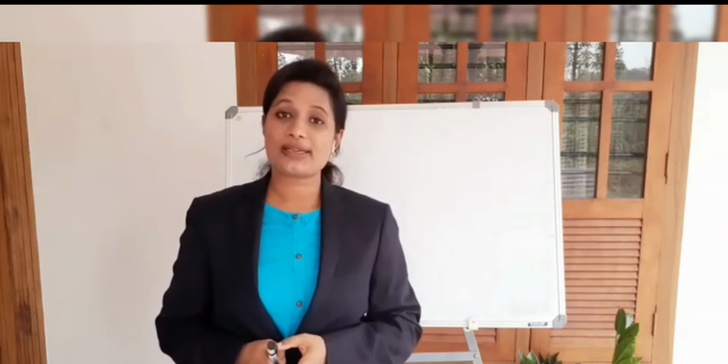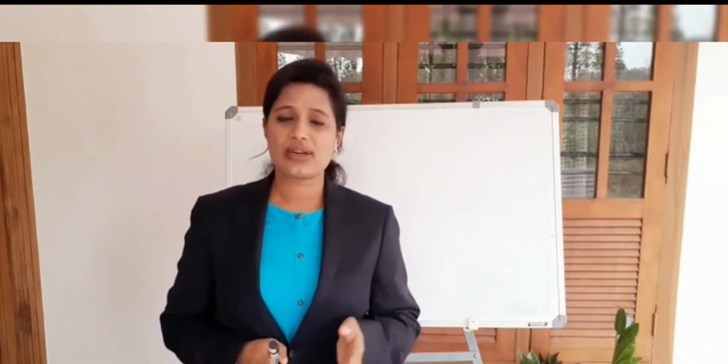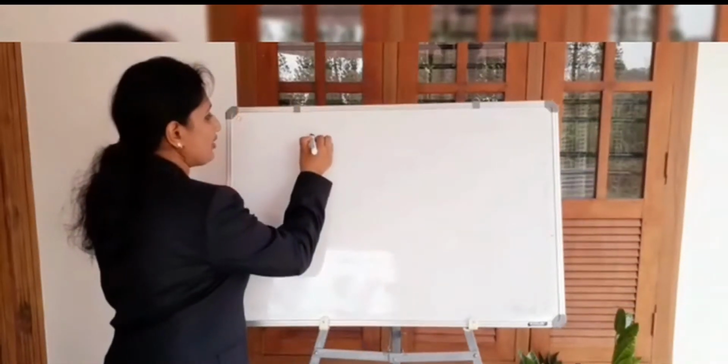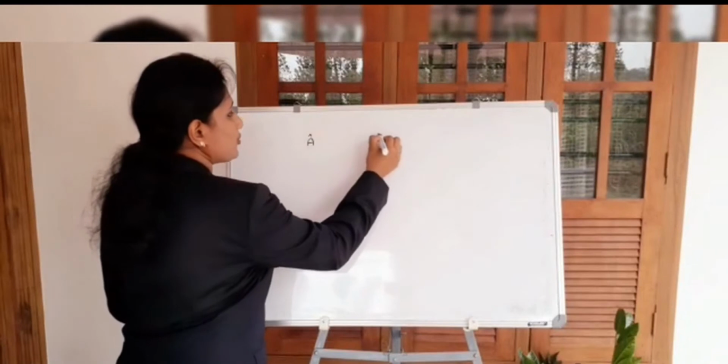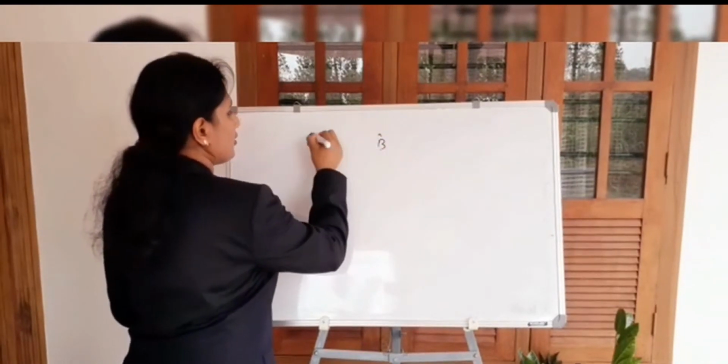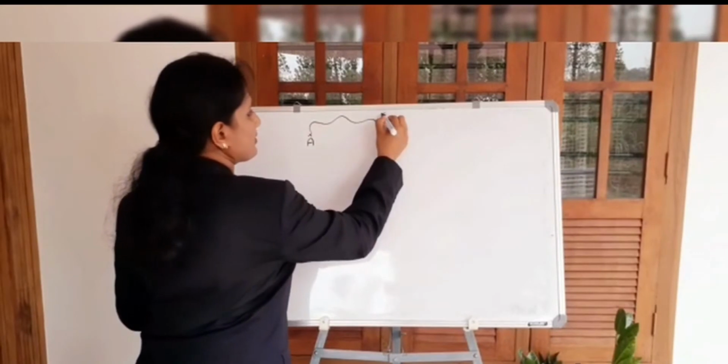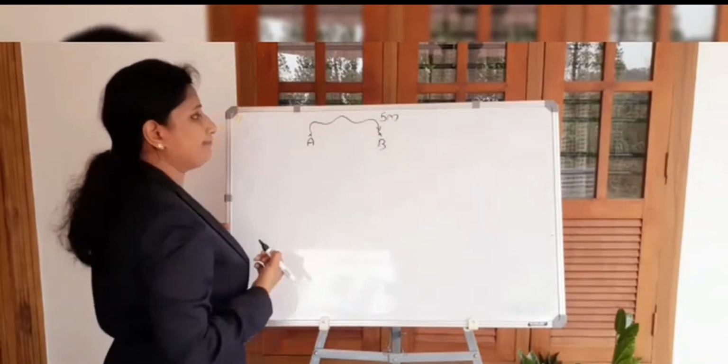Before going to the concept of velocity, just recall the idea of distance and displacement, which we have already discussed in the previous video. Consider a person traveling from point A to point B through a path like this of distance 5 meters.